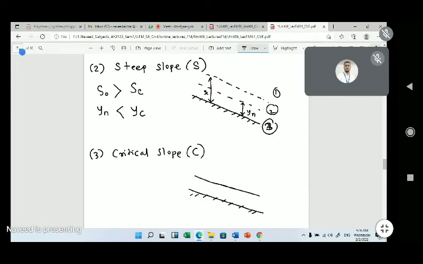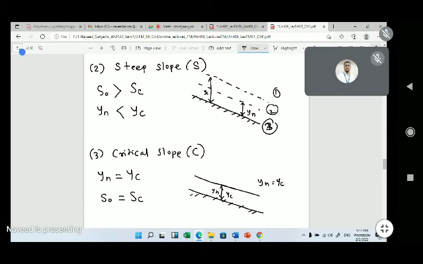Why? Because Yn is equal to Yc. The depth of flow Yn is equal to the critical depth Yc. So in case of critical slope, the bed slope S0 is equal to SC.